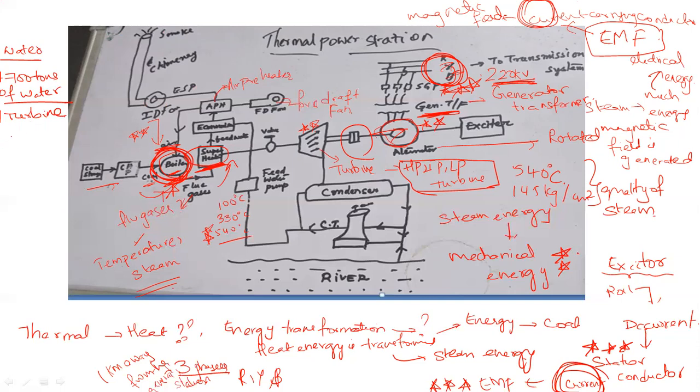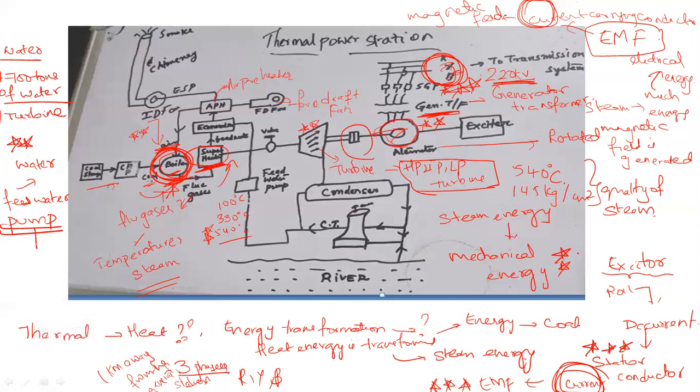So this requires a large amount of water. This water is fed from the feed water pump as shown in the figure. How does this feed water pump get the water? This feed water pump gets the water from the condenser as shown in the figure.